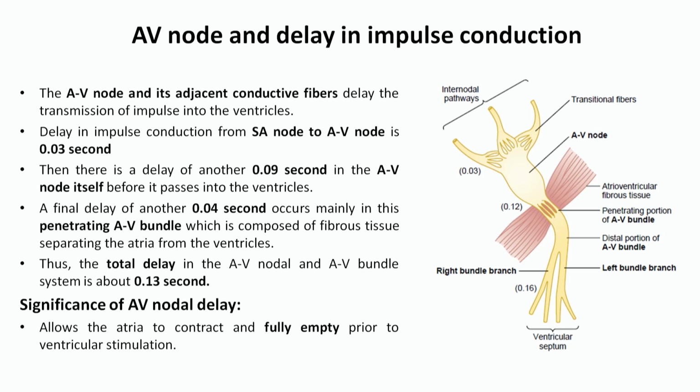A final delay of another 0.04 second occurs mainly in the penetrating AV bundle, which is composed of fibrous tissue separating the atria from the ventricle. So, in total, the delay in the atrioventricular nodal and atrioventricular bundle system is 0.13 second.